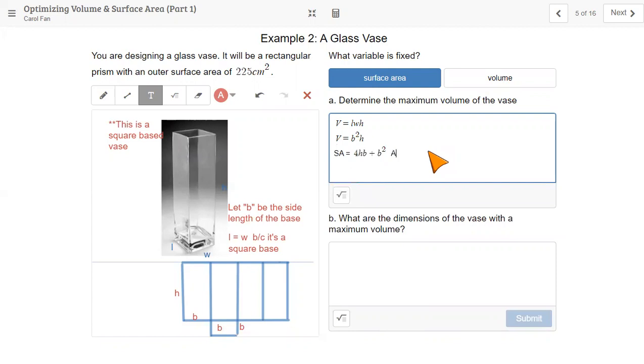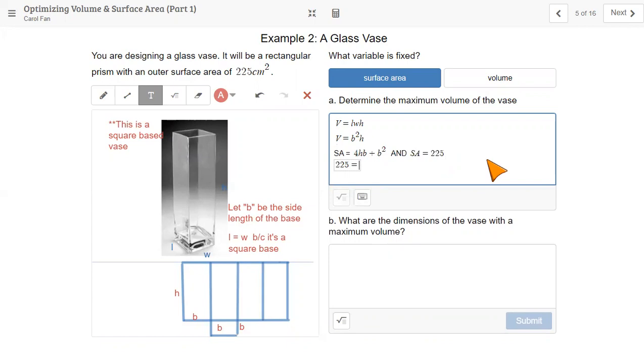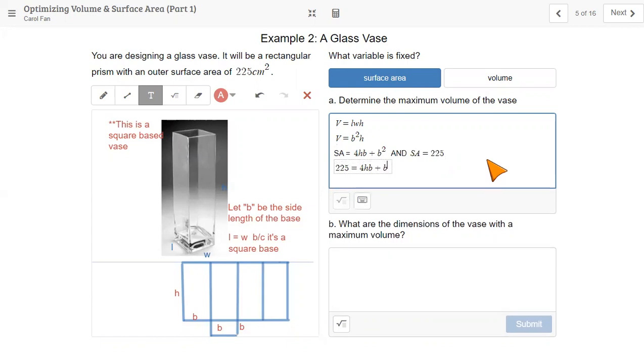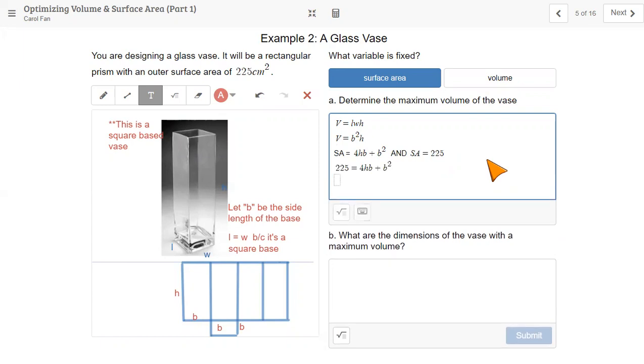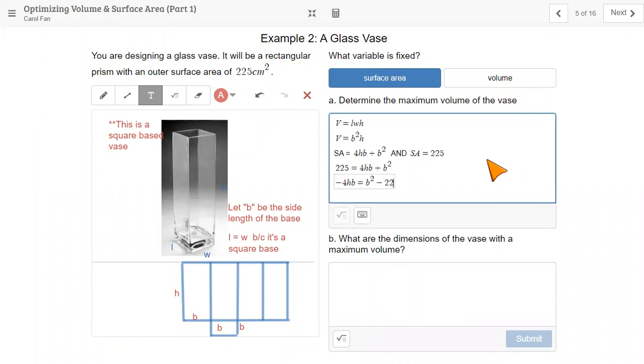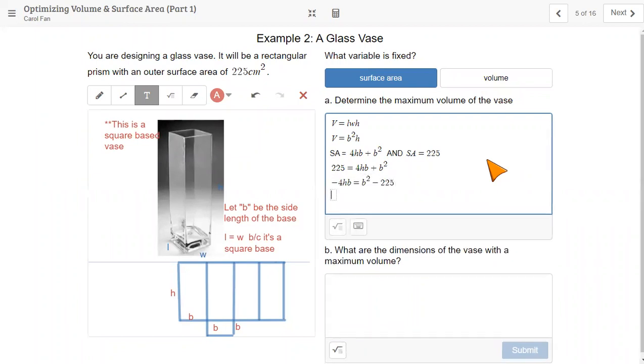I do know also that surface area has to equal 225. So I'm going to substitute that into the equation. 225 is equal to 4hb plus b squared. I'm going to rearrange this for the letter h now. So I could have minus 4hb is equal to b squared minus 225.